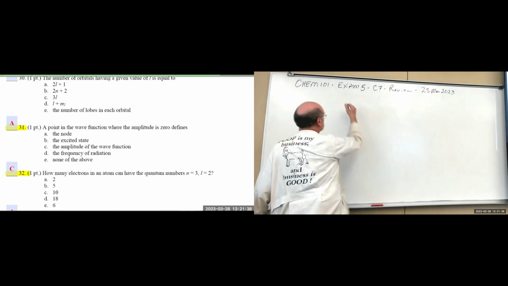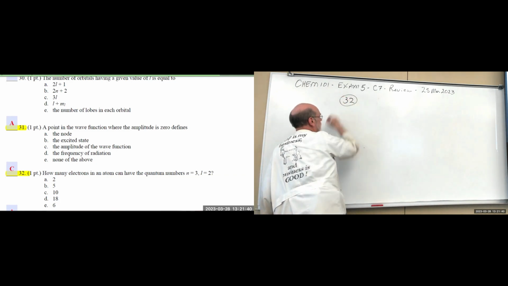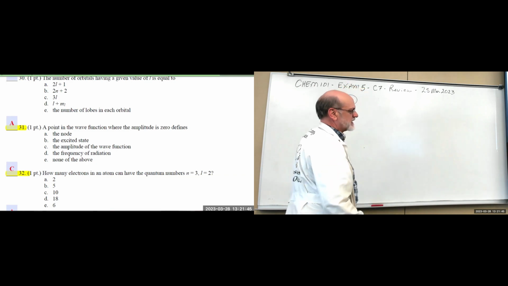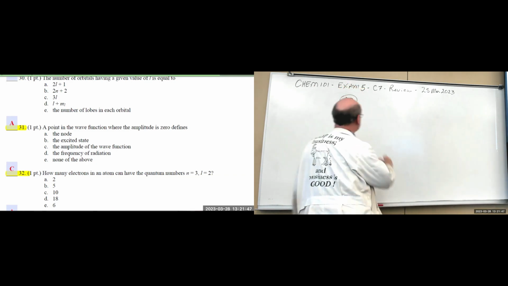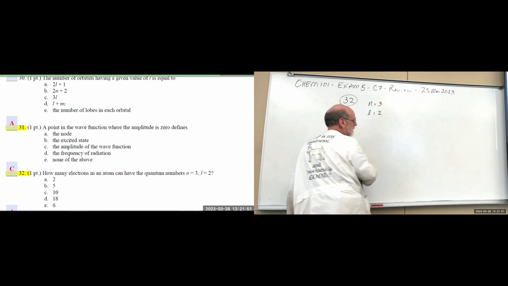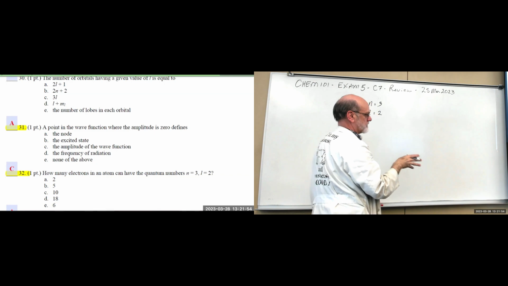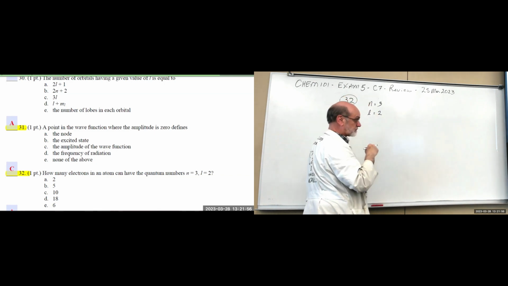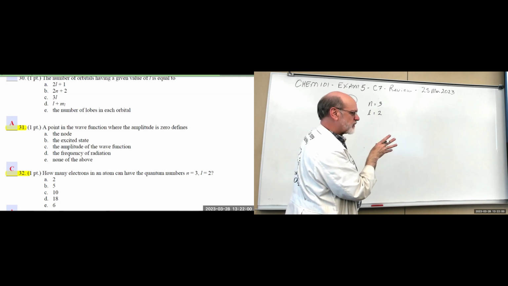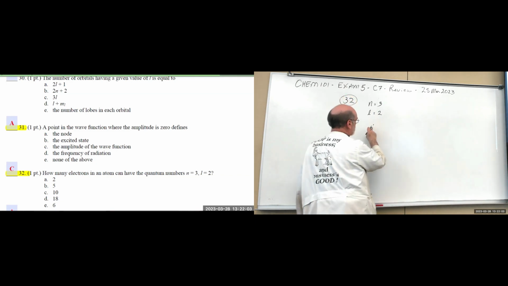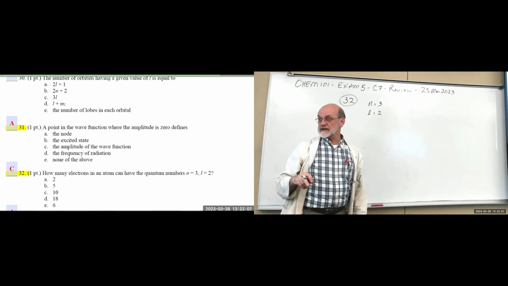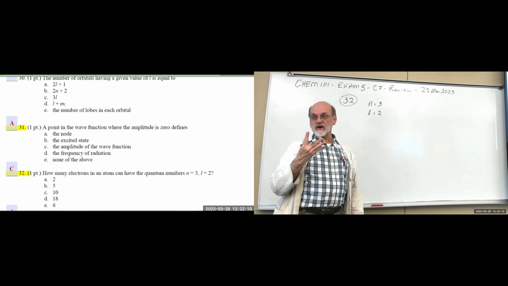Okay, 32. How many electrons in an atom can have the quantum numbers n equals 3, l equals 2? Maximum number of electrons. Remember the Pauli exclusion principle? No 2 electrons can have the same set of 4 quantum numbers.